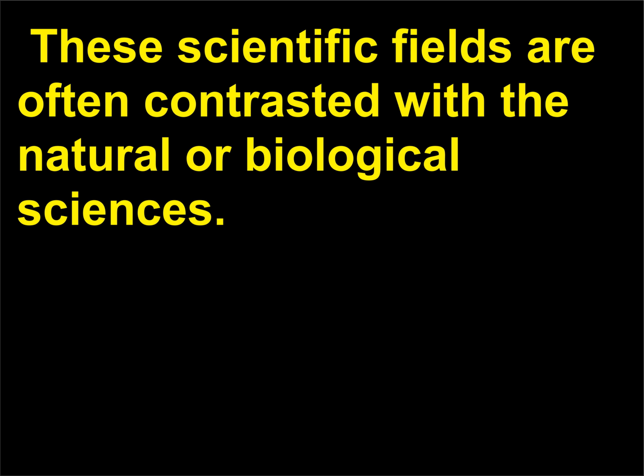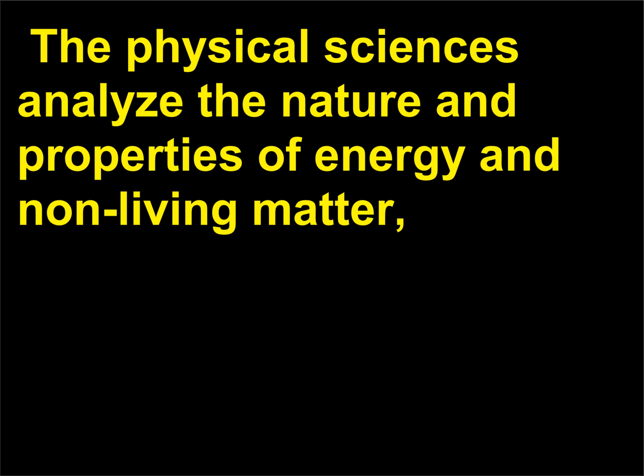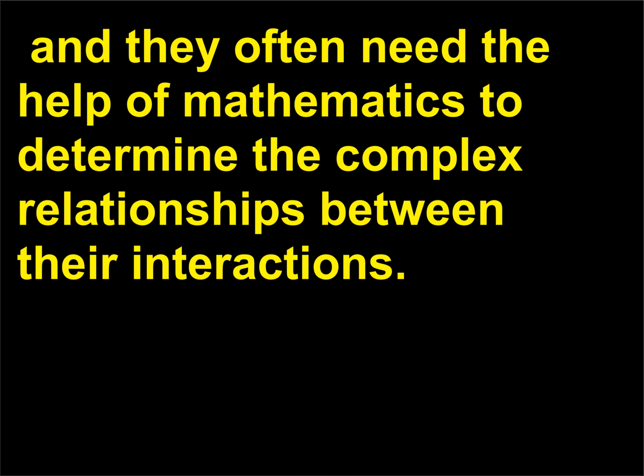These scientific fields are often contrasted with the natural or biological sciences. The physical sciences analyze the nature and properties of energy and non-living matter, and they often need the help of mathematics to determine the complex relationships between their interactions.